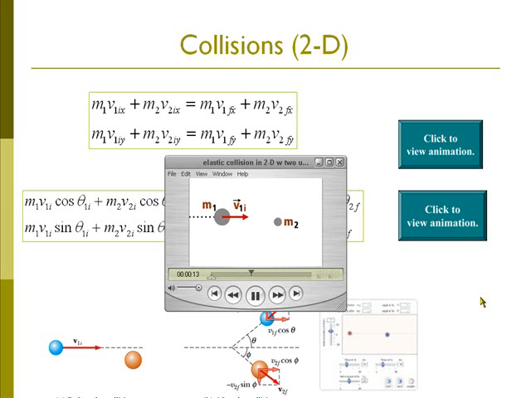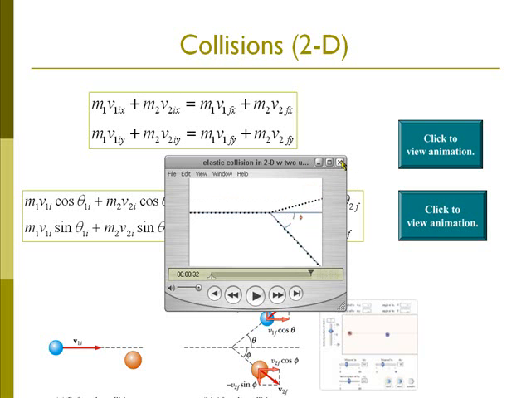Momentum and kinetic energy are both conserved. Nevertheless, knowing the initial masses and velocities is not enough to determine the final state. In general, one must measure the outgoing angle or speed of one of the particles to calculate the remaining speeds and angles in the system.